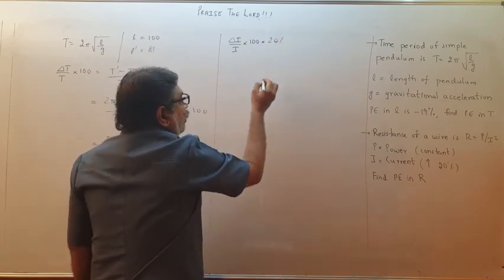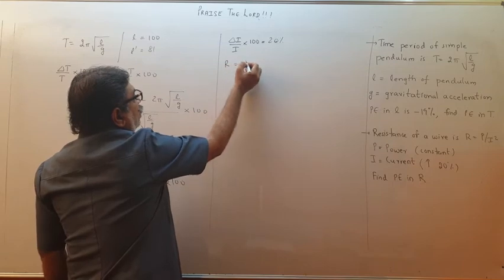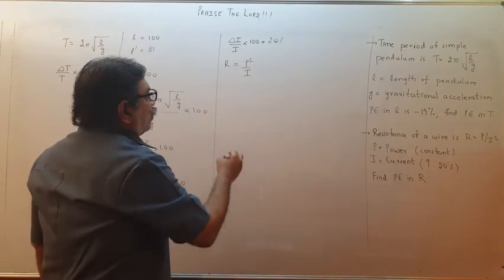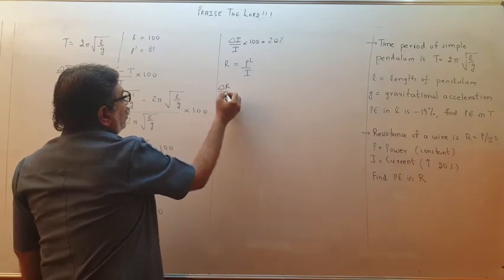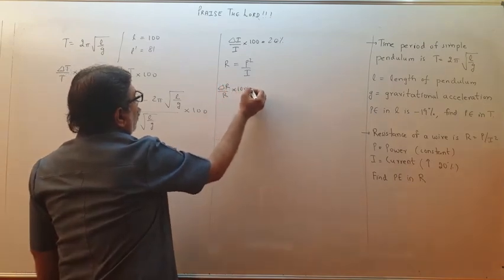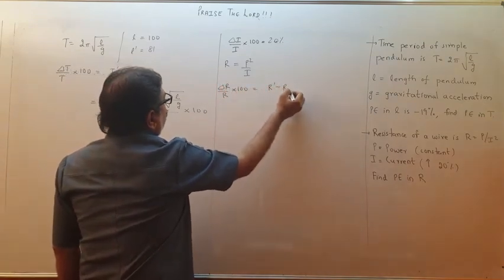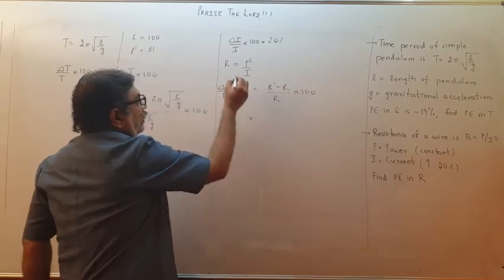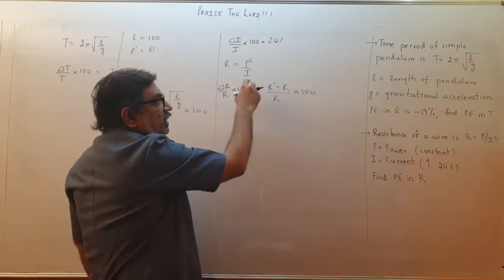Okay, children, power is constant. See, R is P upon I square, that is given to me. So if I want change in the resistance, that will be (R' minus R) upon R into 100. R' means what? See, power is not changing, current is changing.